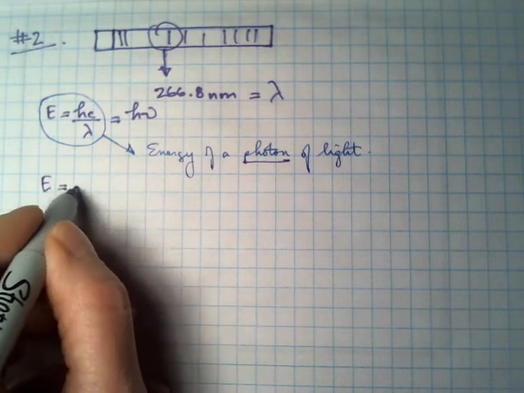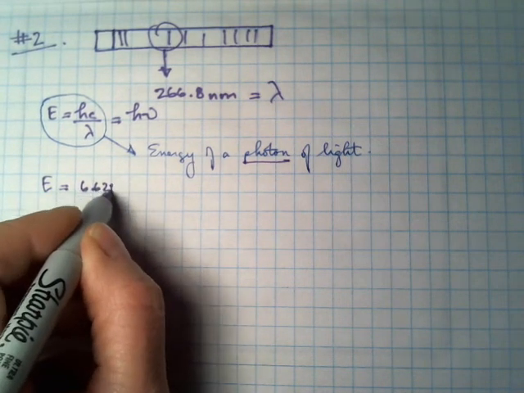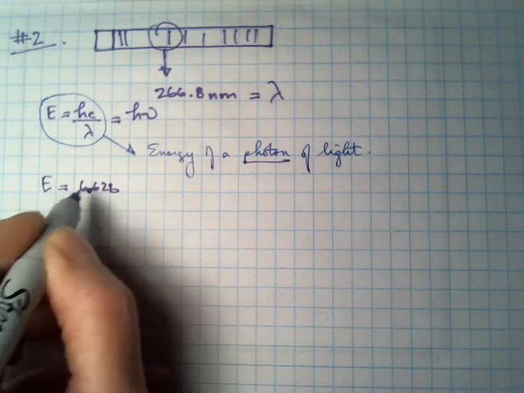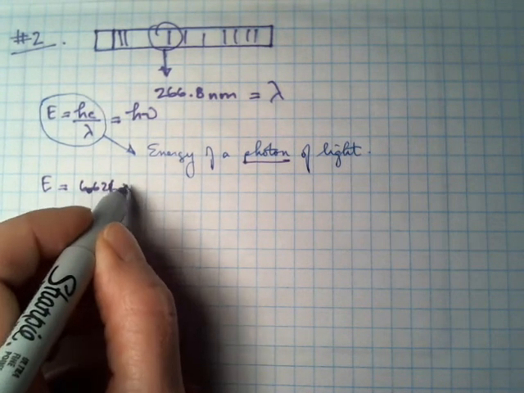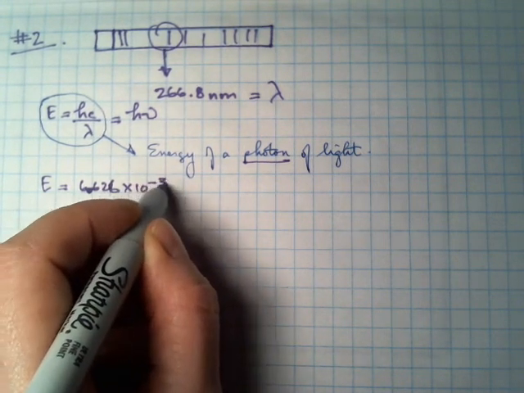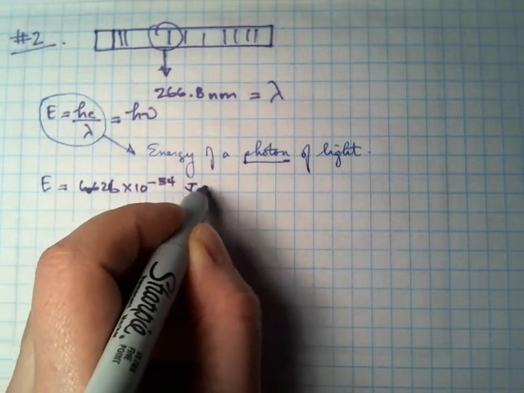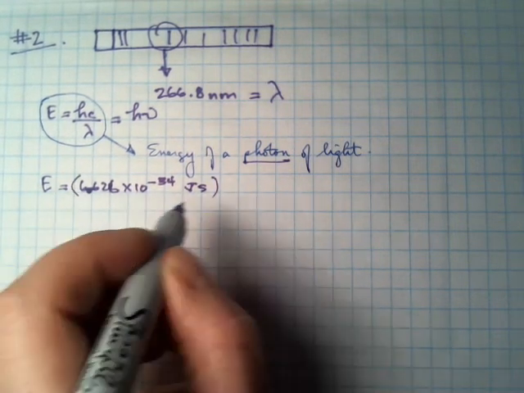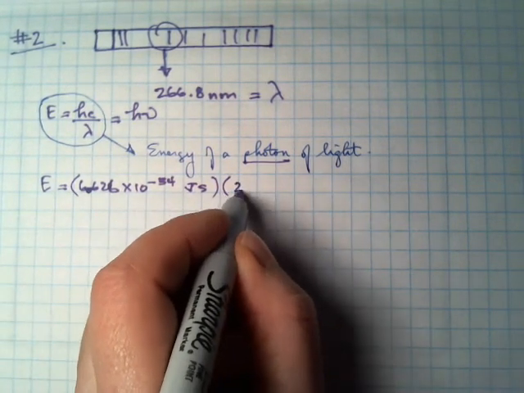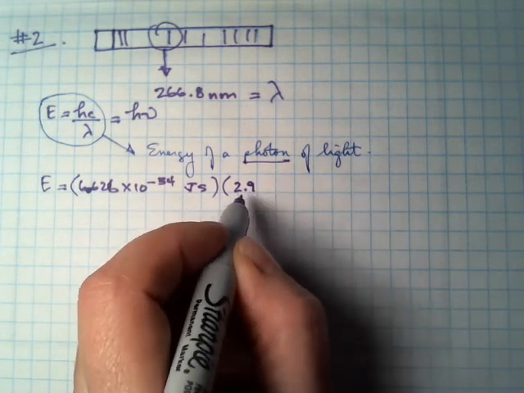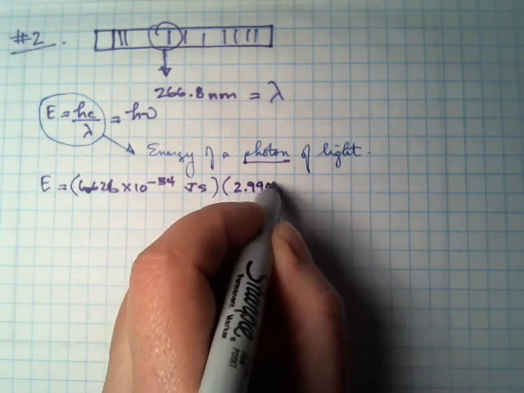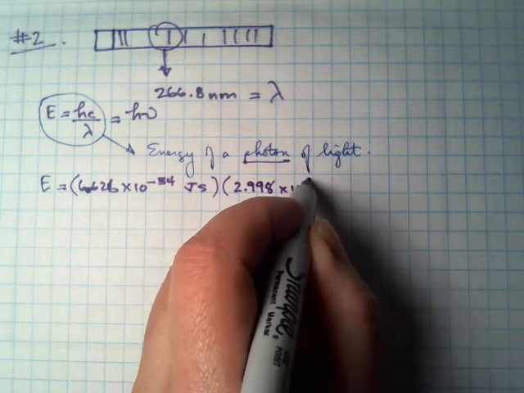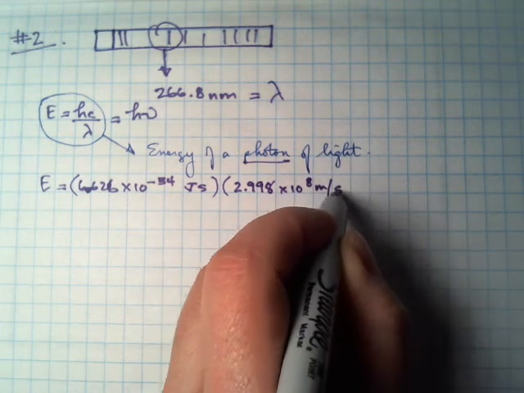Planck's constant, 6.626 times 10 to the minus 34 joule seconds. That's multiplied by my speed of light, 2.998 times 10 to the 8 meters per second.